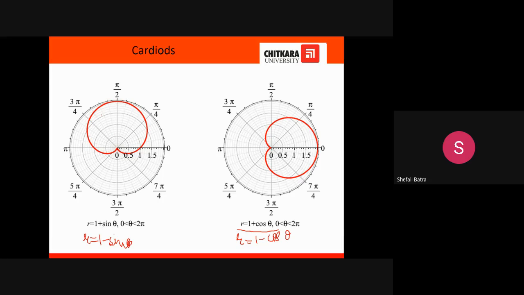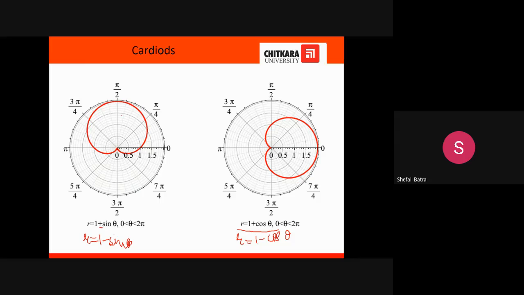Now, how to remember it? One cardioid is like this. This is 1 plus sine theta. If you are drawing 1 minus sine theta, it would be like this. How will you remember? If it is plus sine, then the maximum part of the cardioid would be on the positive y-axis. Can you observe?